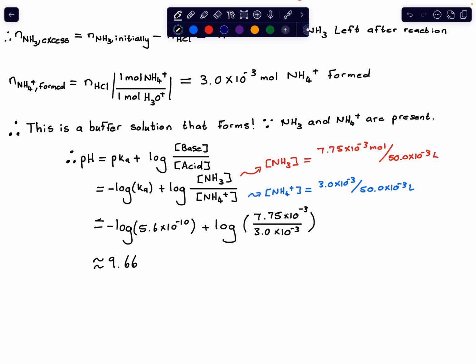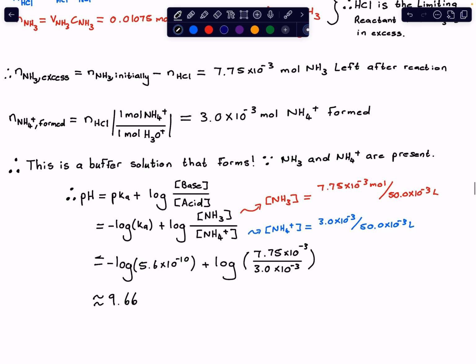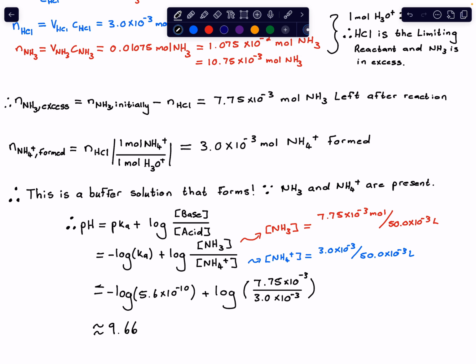All right. This was a very nice example of where you didn't expect to get a buffer solution, but by having the acid as a limiting reactant and having the conjugate acid forming during the reaction, you implicitly formed a buffer solution.